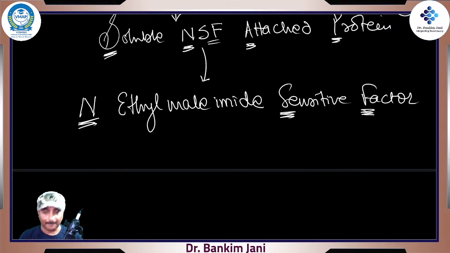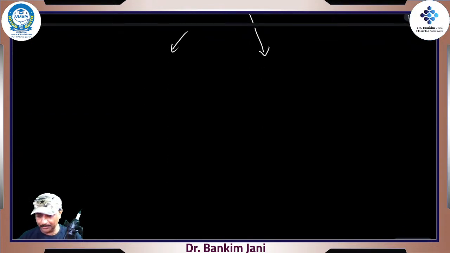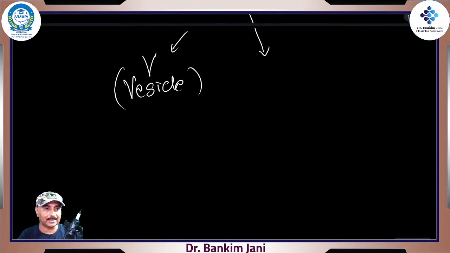That's the meaning. If we go into still more detail, you'll find that these SNARE proteins are of two types, and when we come to neurophysiology we'll study that also. One is in the vesicle, which is called the VAMP.